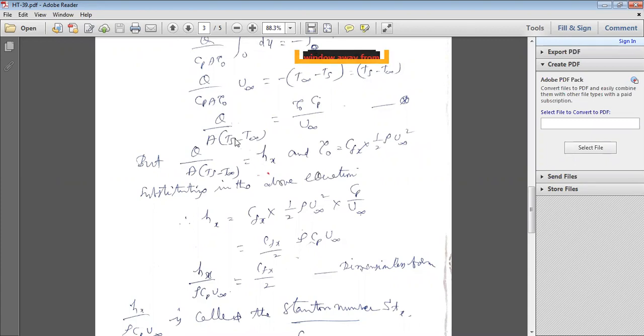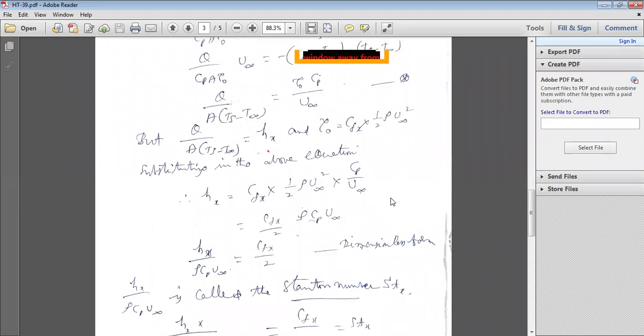So substitute the values of hx and tau naught in this equation. Therefore, hx is equal to Cfx into half into rho u free stream square into Cp divided by u free stream.